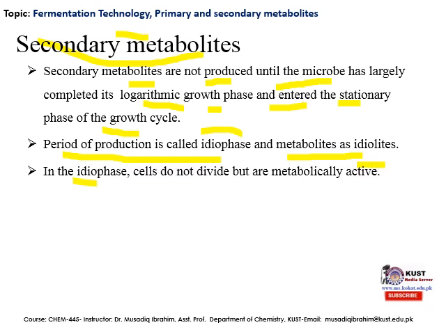Now in the idiophase, the cells do not divide, or the growth of the cells is not taking place, but the cells are metabolically active, which means that the metabolism is going on inside the pre-existing cells.